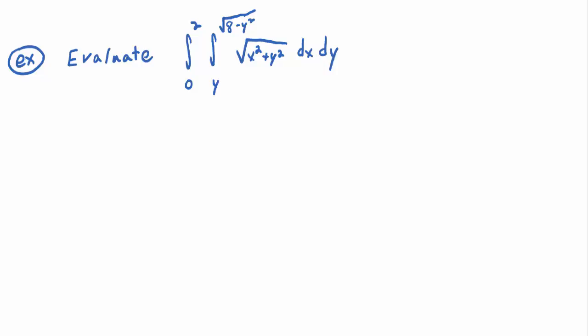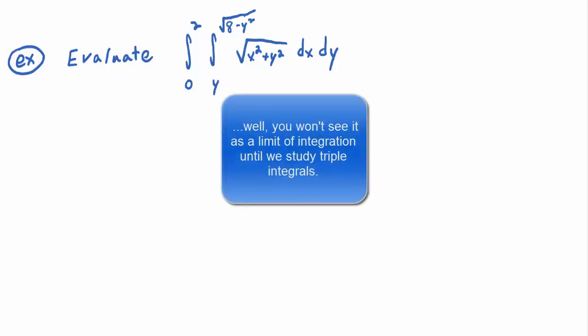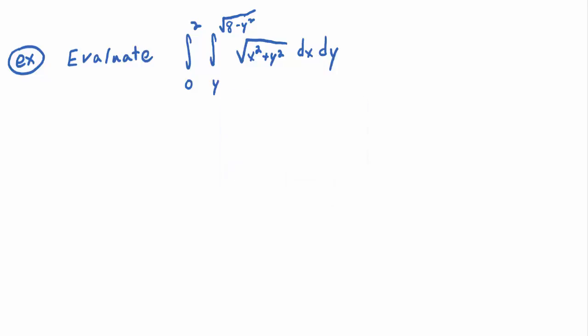When you see an x squared plus y squared, either in your limits of integration or in your integrand, a little alarm bell should go off in your brain and say, hey, use polar coordinates, because x squared plus y squared is just r squared in polar coordinates, right? Now, you're going to have to translate to polar coordinates, which means you have to figure out limits of integration, which usually means you have to draw a picture unless it's super easy.